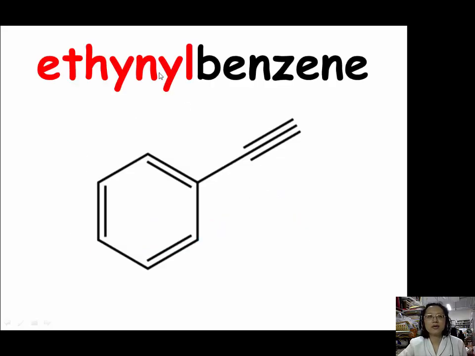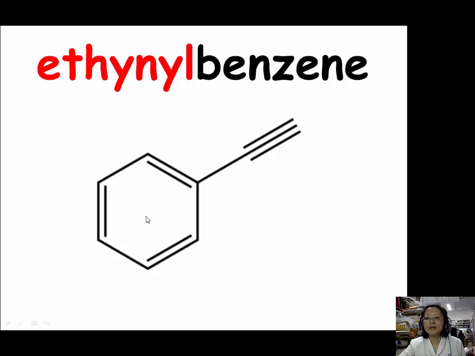Let's see our example. Our example for the prefix is ethynylbenzene. See that the word changes with the carbon number. Ethynylbenzene is the IUPAC name for phenylacetylene. It's an alkyne hydrocarbon containing a phenyl group. It exists as a colorless, viscous liquid.